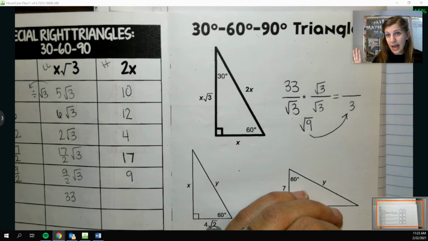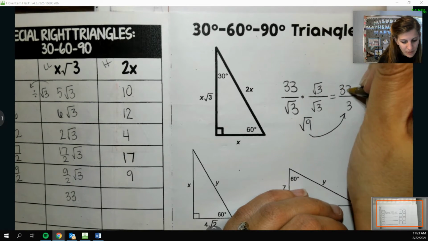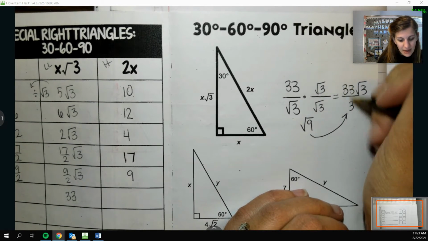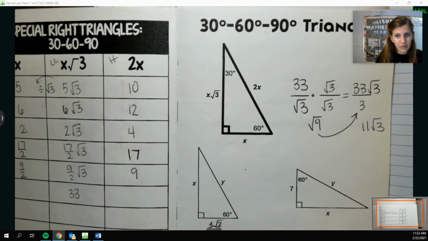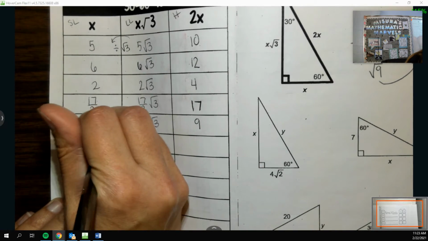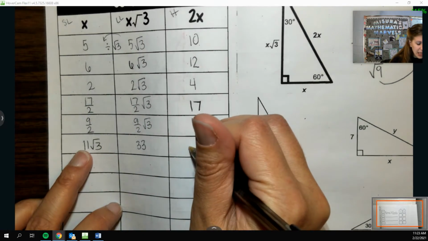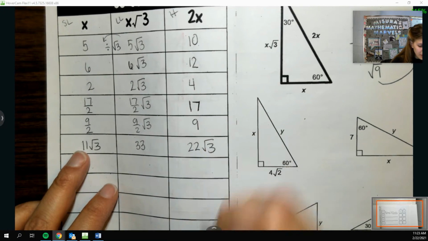So the root goes away, which is what I needed to do. Now on top, I can't really times those. We just smush them together. But then I can divide these numbers outside, and so you end up with 11 root 3. Okay, so that short leg is just 11 root 3. And then when I double it to get the hypotenuse, we just double the outside, so 22 root 3.